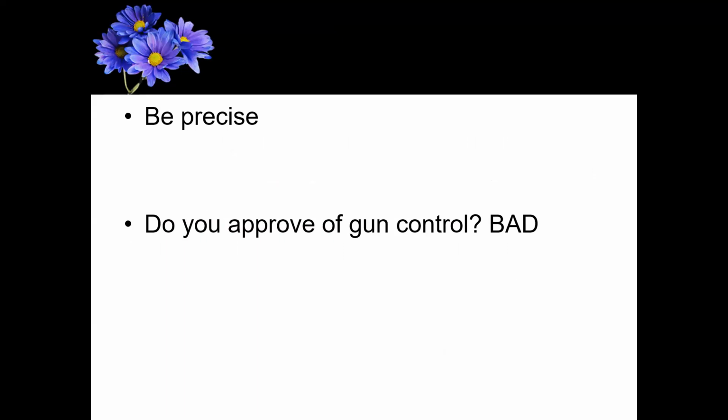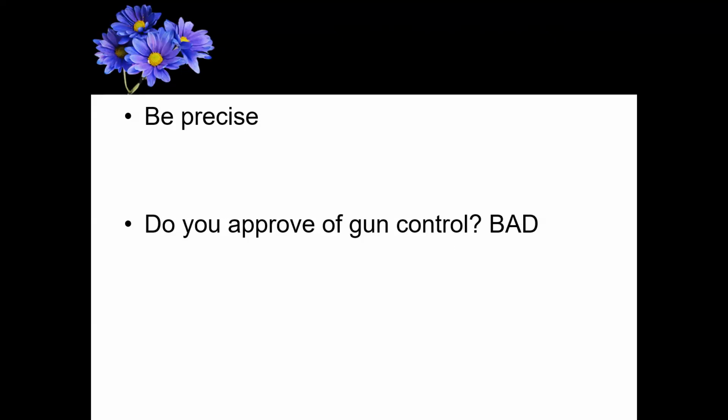Another example is that we need to be very precise when giving our survey. When you ask people a vague question that is really not defined, that obviously makes it difficult for them to answer. If you just ask them something like, "Do you approve of gun control?" or "Do you like this policy?" or "Do you like this politician?" Well, it's really unclear, because you need to be specific, right? Which specific bill or form of control are you talking about? Which politician, or even what aspects of the politician?